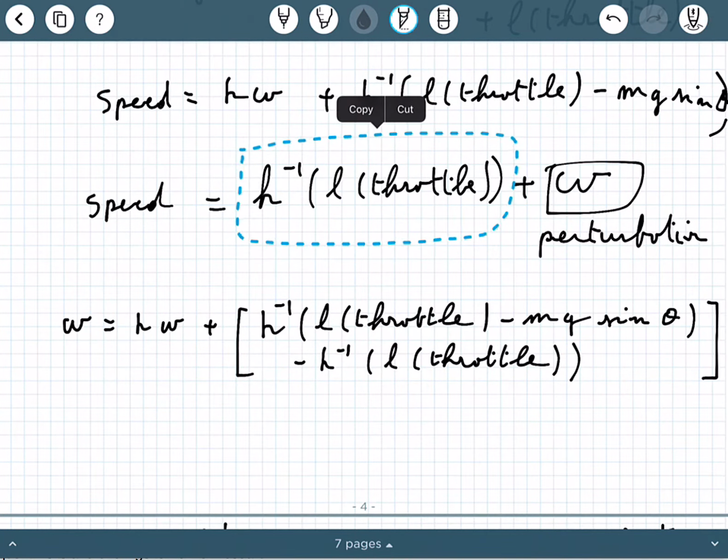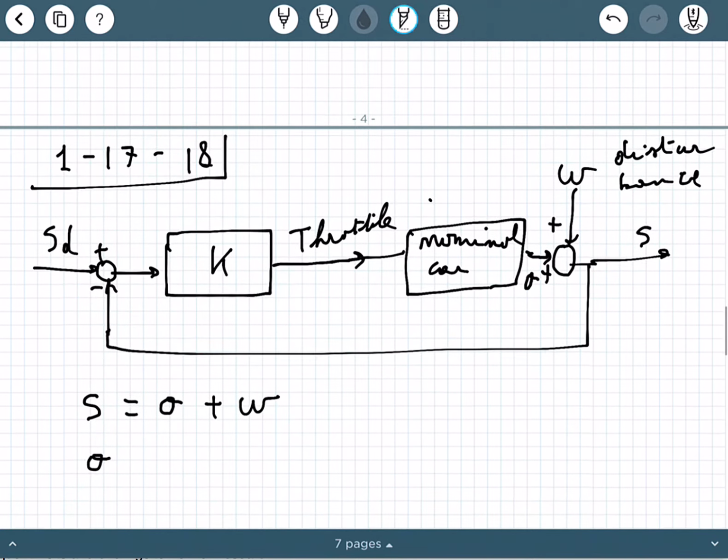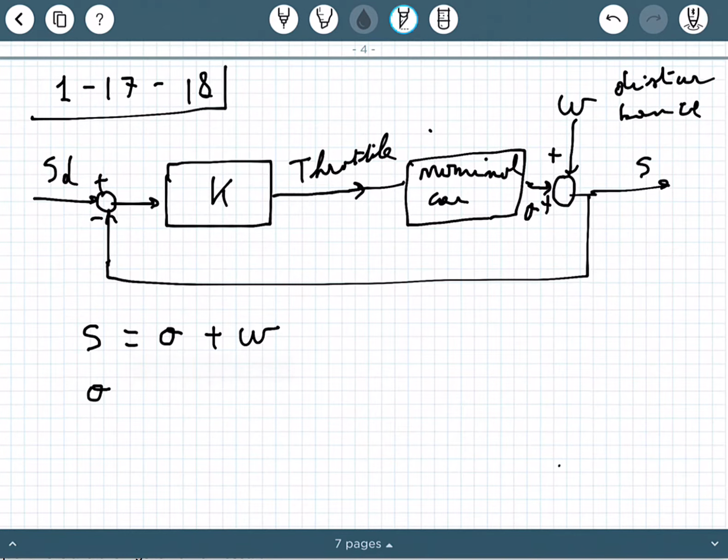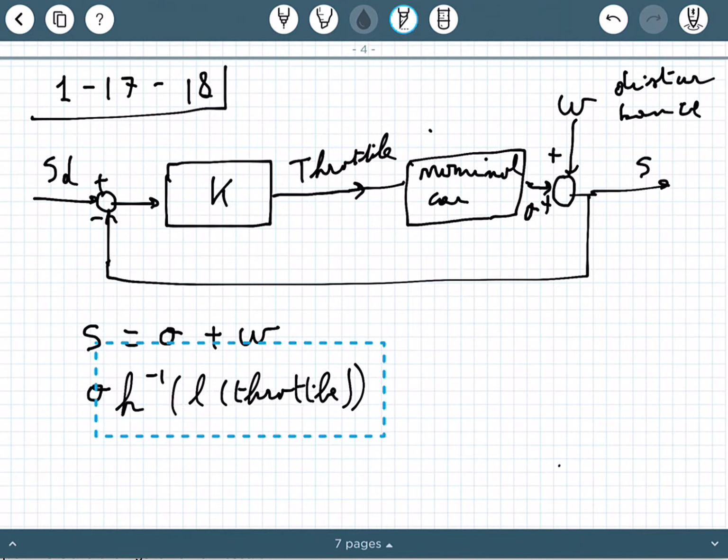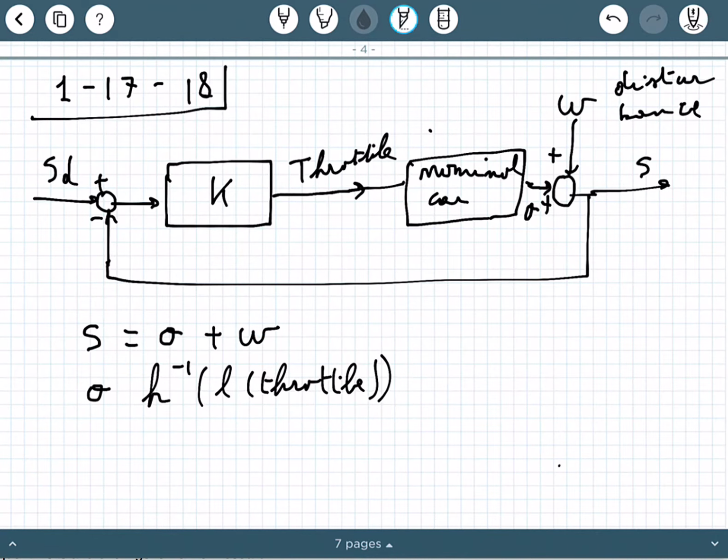So it's a function of the throttle setting. I'm going to add it here, like this.